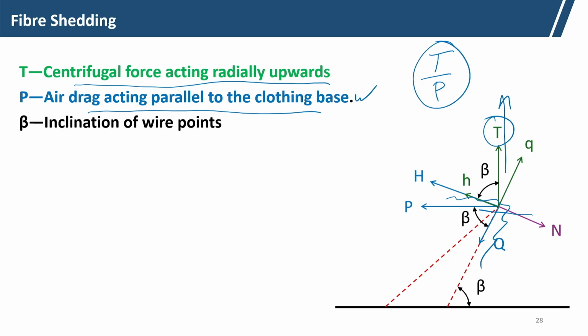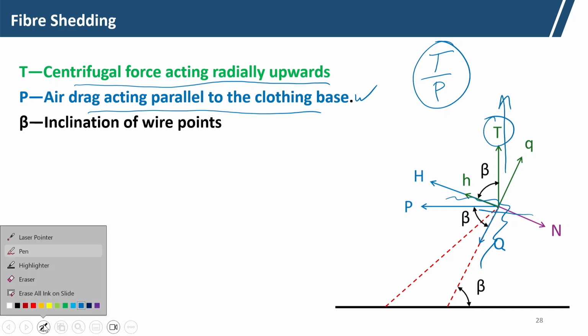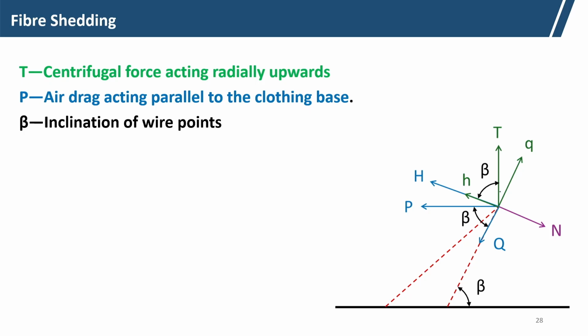Now, here beta is the inclination of the wear point. You can see here, this beta is the inclination. If we resolve the T value, T is the centrifugal force.